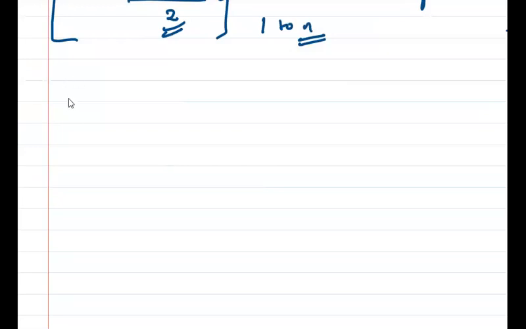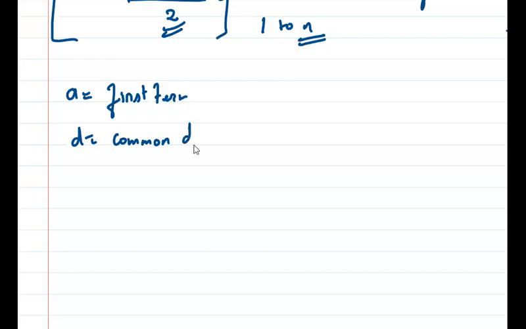So I hope all of you understood the general term. So let's see what we know. a is equal to the first term, d is equal to the common difference, and Tn or an, it doesn't matter, it is the same thing, is your nth term.